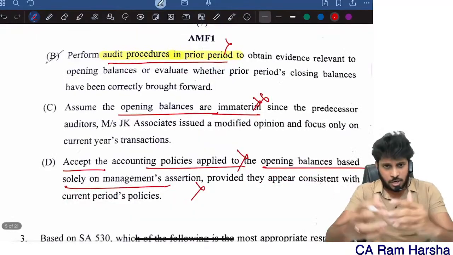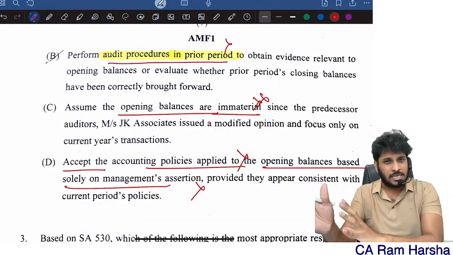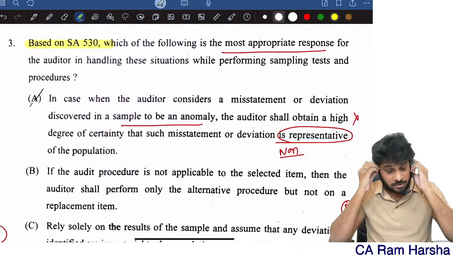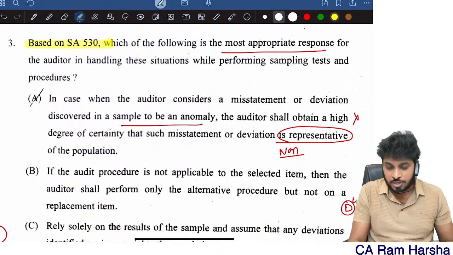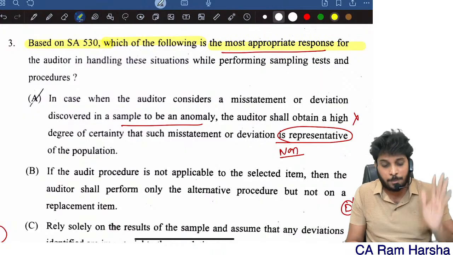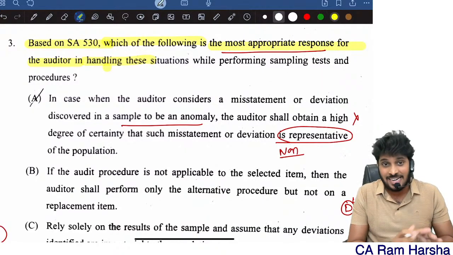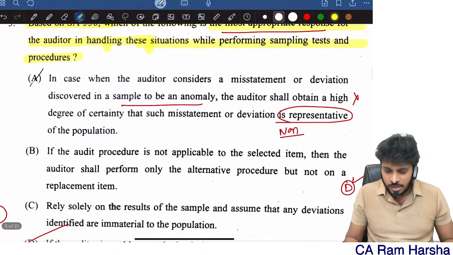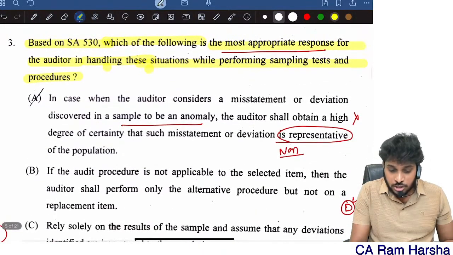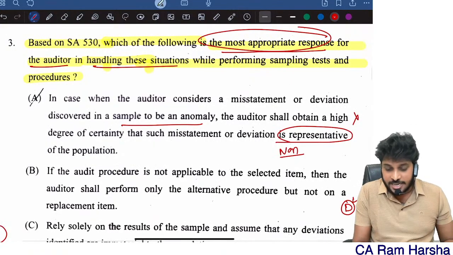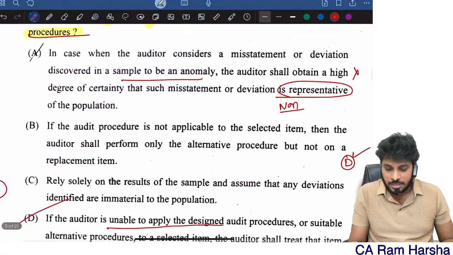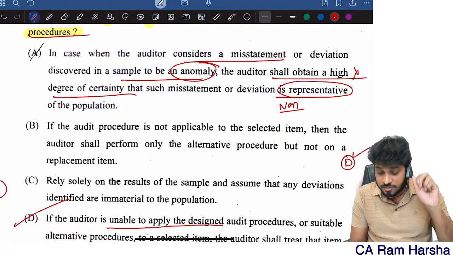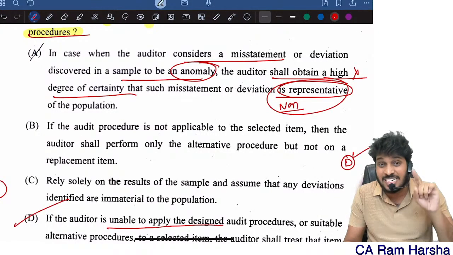Next up, I think your MCQ numbers might be slightly different. Here the MCQ number is slightly different. Based on SA 530, one of the toughest questions here: which of the following is the most appropriate response for the auditor in handling this situation while performing sampling tests and procedures? When the auditor considers something an anomaly, he shall obtain a high degree of certainty that it is non-representative of the population.